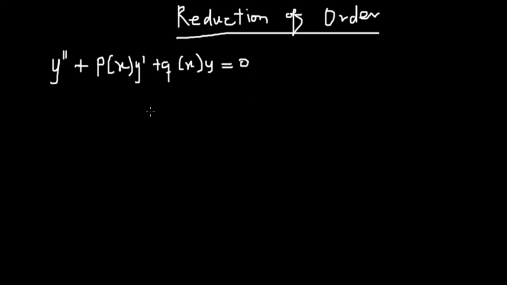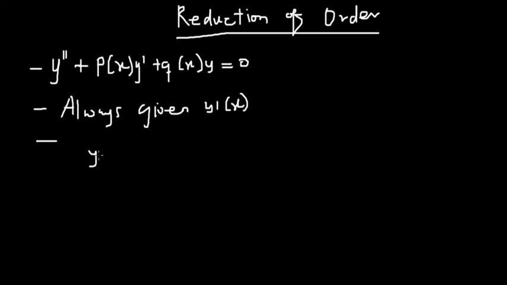Now you are always given y1, keep that in mind. You are always given y1 to be a specific expression, y1 of x, and then you use this formula to get y2.